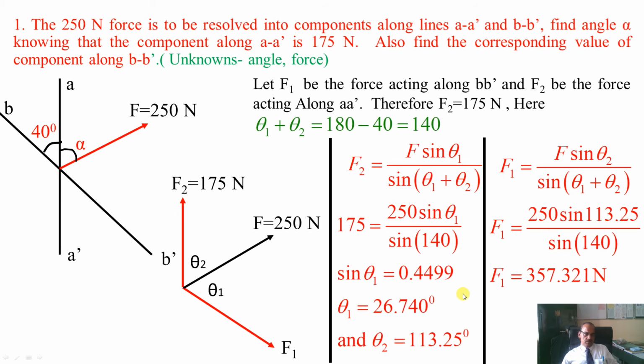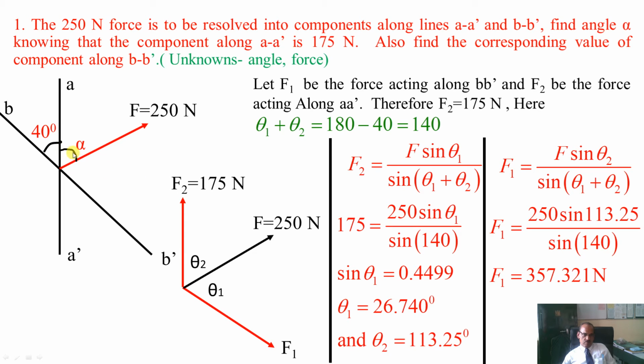Now let us take one more example. This example is a little bit complex. The 250 Newton force is to be resolved into components along lines AA, this is line A, and BB, this is line BB. Find angle alpha.